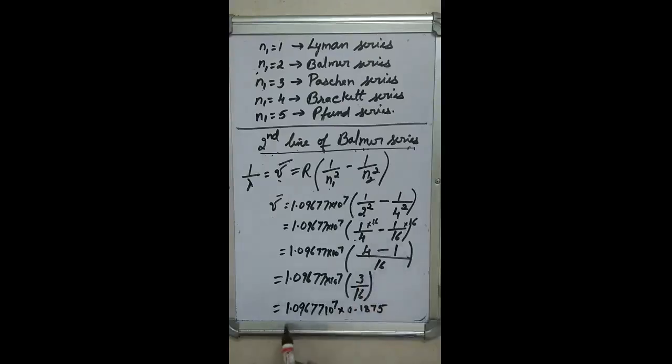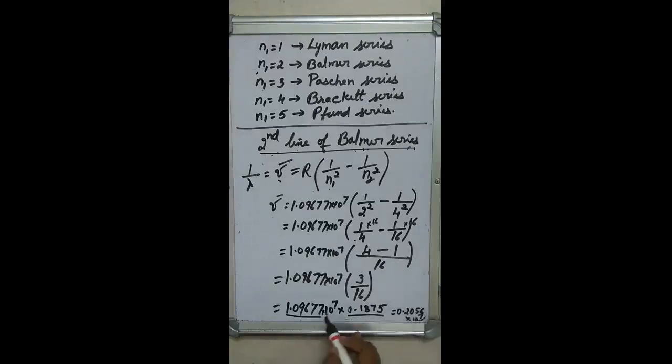Now multiply these numbers with the help of calculator. Multiply. So what is the answer you will get? That is 0.2056 into 10 to the power 7.